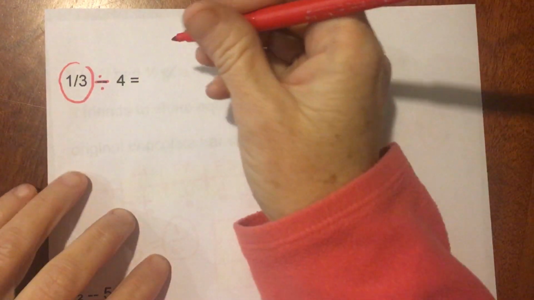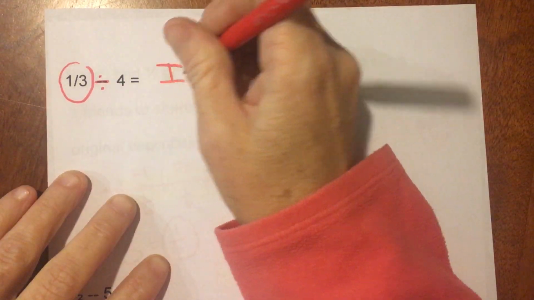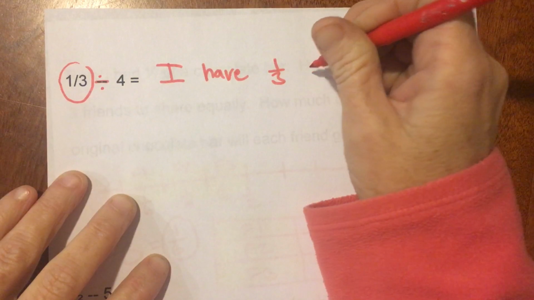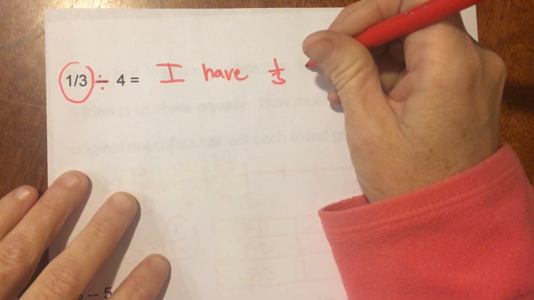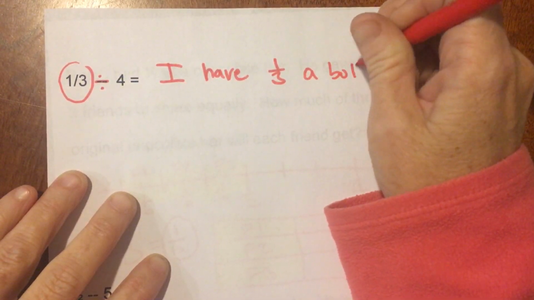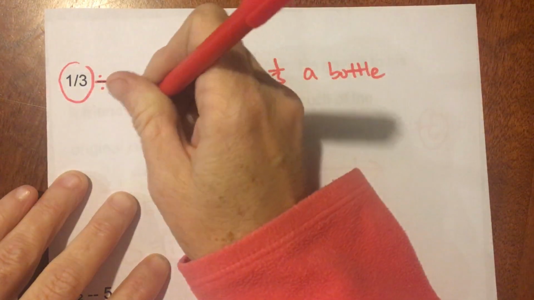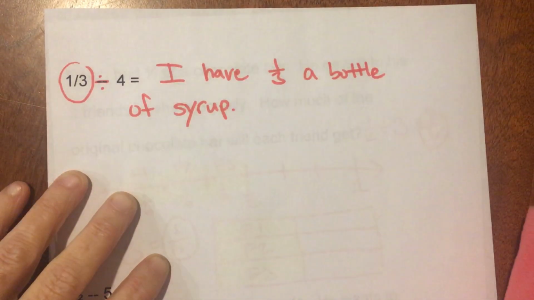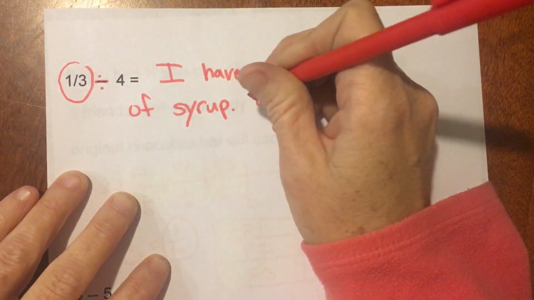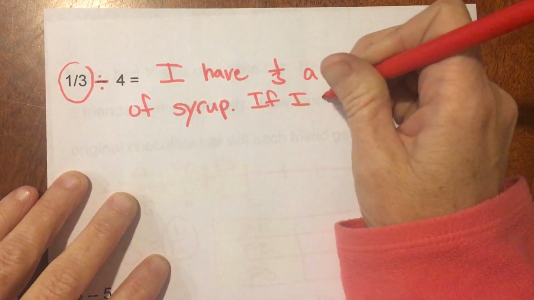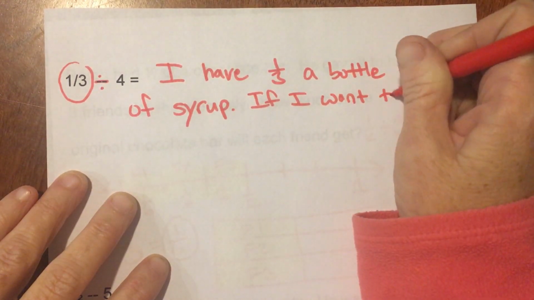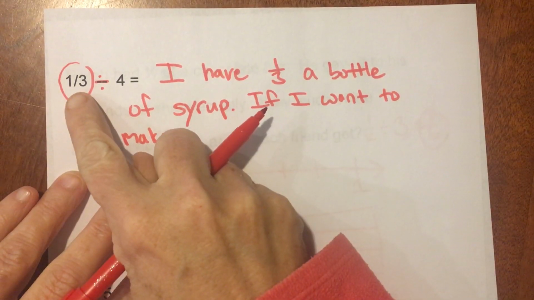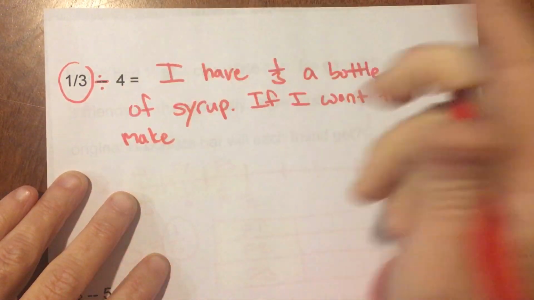Let's think. What if I have 1/3 a bottle of syrup, if I want to make, because now I'm going to take my third of bottle and I'm going to divide it into 4.